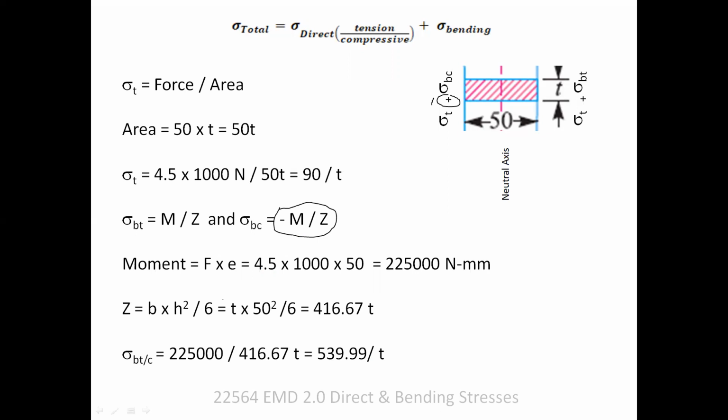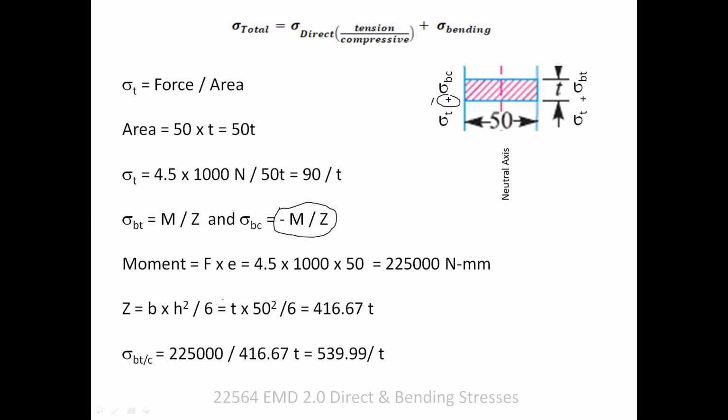So here the h dimension, which is 50, is perpendicular to the neutral axis. That's why BH square by 6 comes as the section modulus. If the neutral axis is horizontal, then we have to consider T as the depth. So here the neutral axis is vertical.